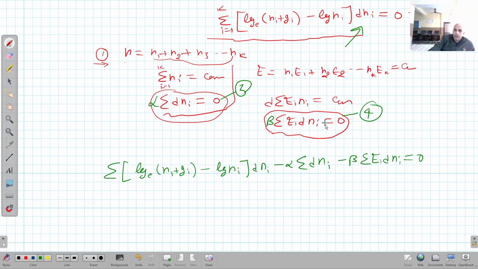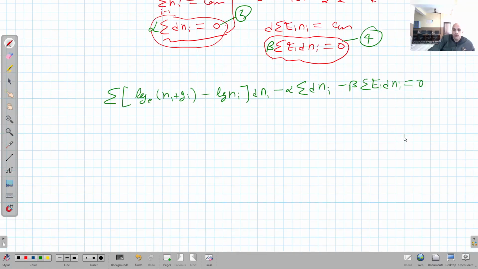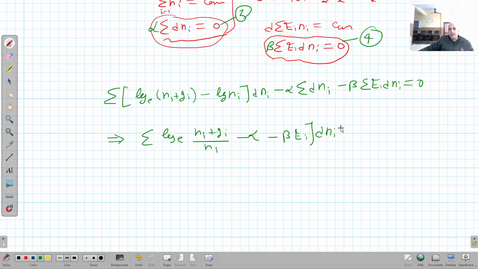I put all these things in equation number 2. When I rearrange and simplify, I get the summation of [log of (e Ni plus Gi) upon Ni, minus alpha, minus beta Ei] dNi, equal to 0. dNi is common in all the terms, with i going from 1 to k.